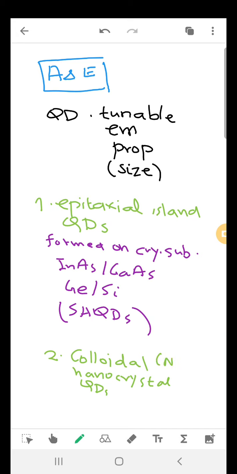It's called NCQDs, and examples are zinc selenide and zinc sulfide, formed in solution.